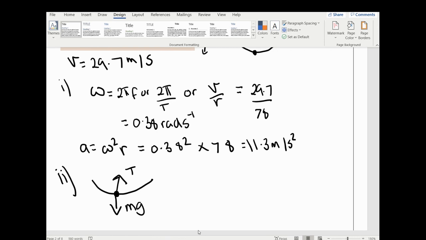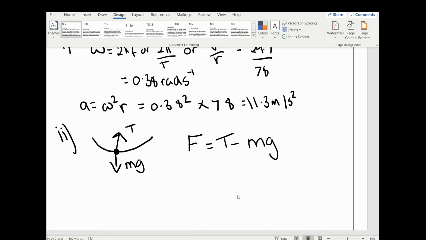I know the centripetal force is up, and that's going to be tension minus mg. So I know that the tension is going to be the centripetal force plus the actual weight.